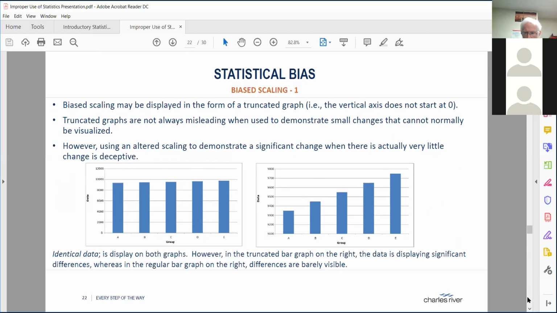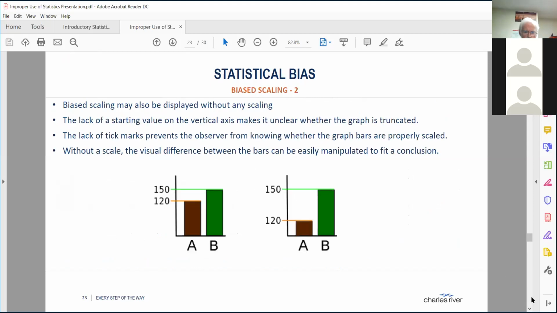So you have to be always very careful. Again, this is biased scaling, not putting any scale. So we don't have any idea what this one looks like. There's a real big difference if you look at these two numbers, you're going to be able to say, no, that's not that big a difference.